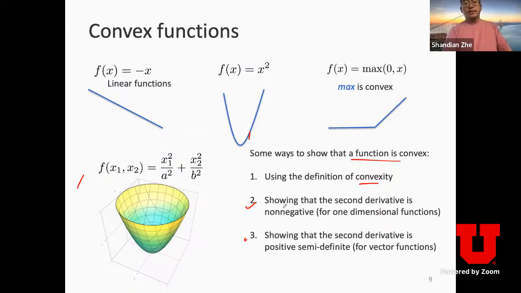If the second derivative of the function is always non-negative, then the function is convex. If your function is multidimensional, meaning that it's a vector function, then the second derivative becomes the Hessian. Then you need to show that your Hessian matrix is always positive semi-definite. If it is positive semi-definite, then the function is guaranteed to be convex.